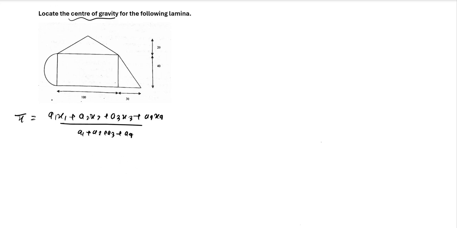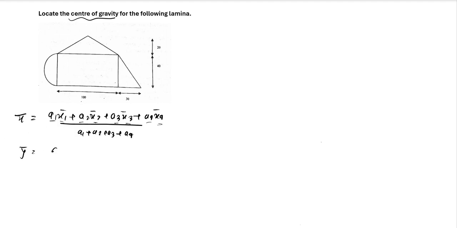Firstly, if you observe the equation, you need the area of the individual figures, and we need the center of gravity of the individual figures as well. So x1 bar, x2 bar, and so on are the centers of gravity of the individual figures.